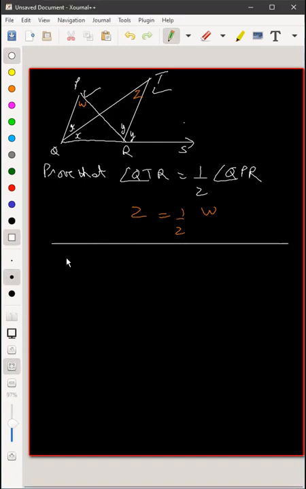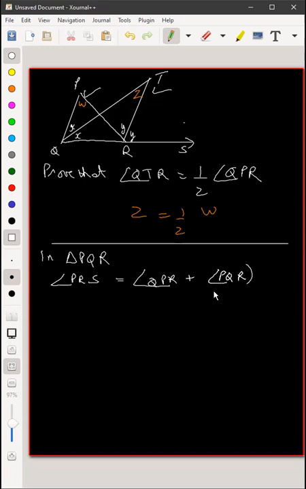Here we're going to use the exterior angle property. Pay attention. In triangle PQR, angle PRS would be equal to the opposite two interior angles, so that would be angle QPR plus angle PQR. Yes or no?